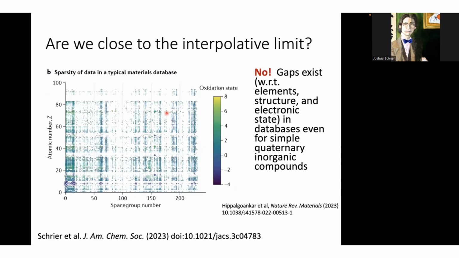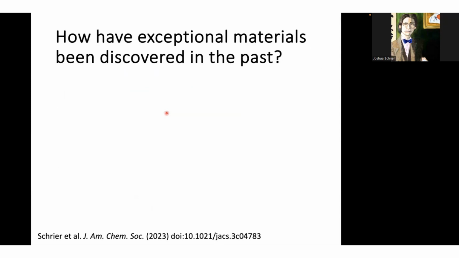Again, whether you look at experimental or computational data sets, and even for things as simple as quaternary inorganic compounds, where you're just picking 4 elements in your compound. So there's plenty of room for surprise and exploration.